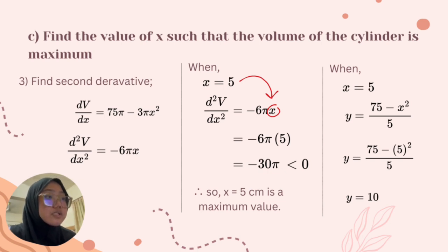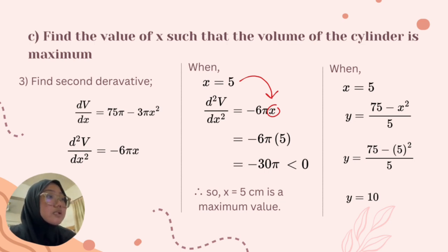That's why it will be negative 6πx. So we put the value of x inside the second derivative. Negative 6π times 5 will be negative 30π. We can see that negative 30π is less than 0. So that's why x equals 5 cm is a maximum value.